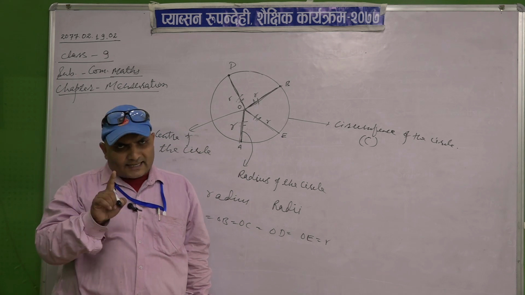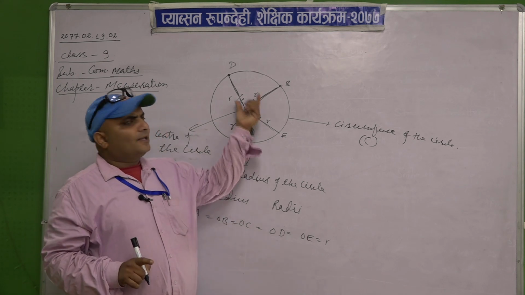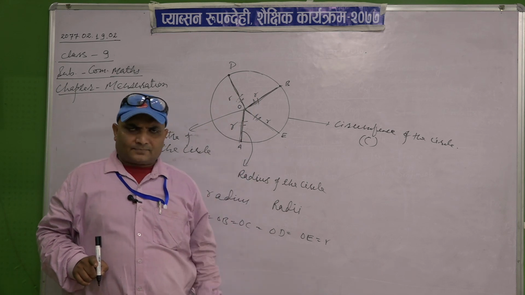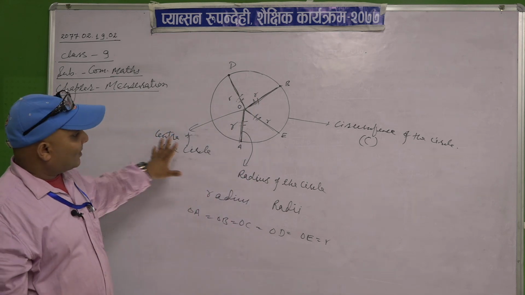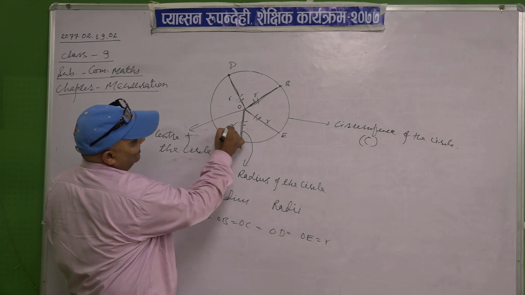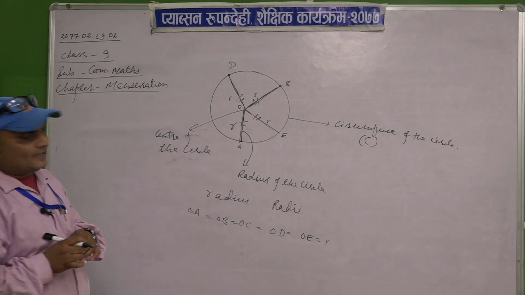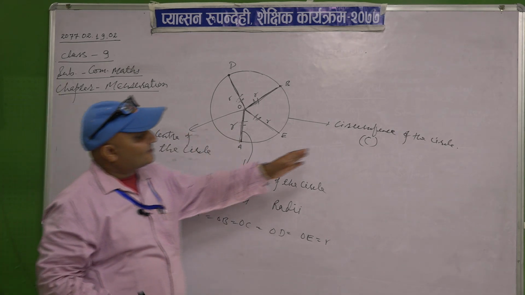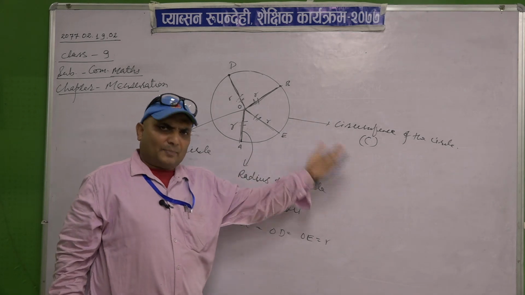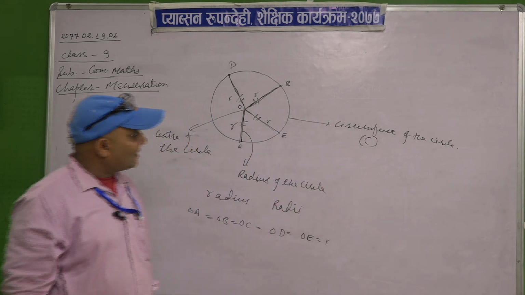If you remember this, you can recognize a radius anywhere. This is about radius, and radius is denoted by small r or generally capital R.